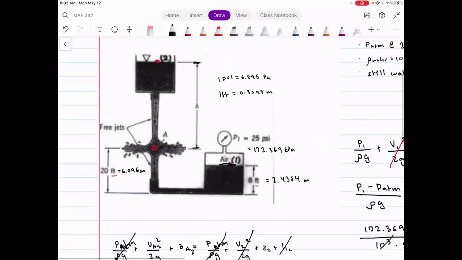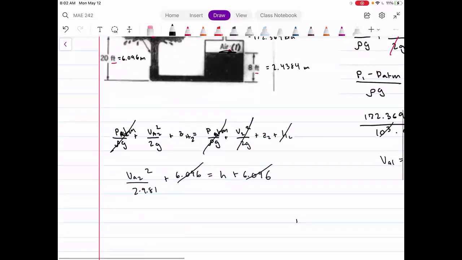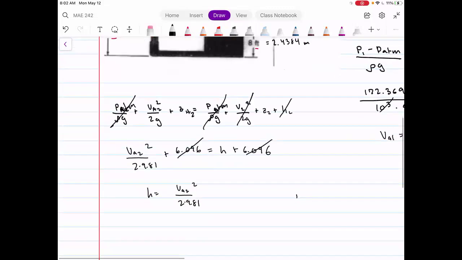And in this case, we're going to be using h. Remembering that this is all relative to the ground, this is going to equal h plus 6.096. And we can see that these two are going to cancel out, which means H equals VA2 squared over 2 times 9.81.